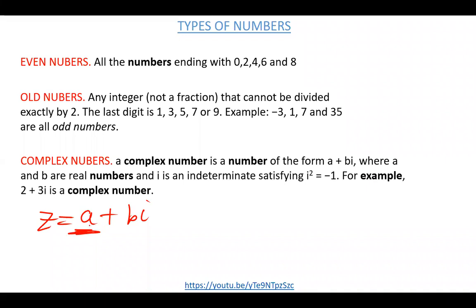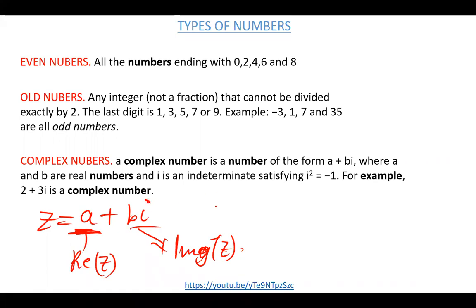This part here is called the real part of a complex number. Then this one, we're going to learn this, I'm just introducing them, is called the imaginary part of the complex number. So this one is the imaginary part, this one is the real part.